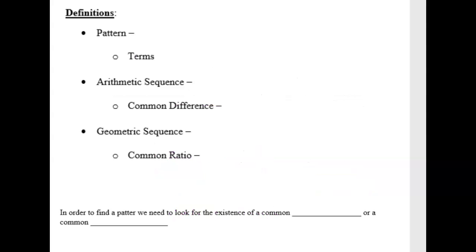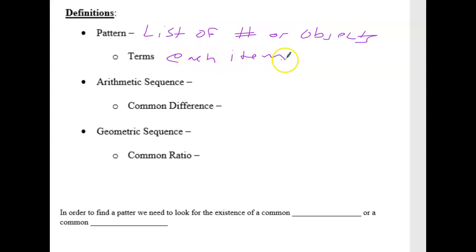Okay, so a pattern is just going to be a list of numbers or objects. And when I talk about the terms, it's just going to be each item in our pattern, right?